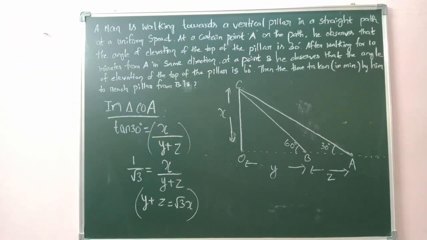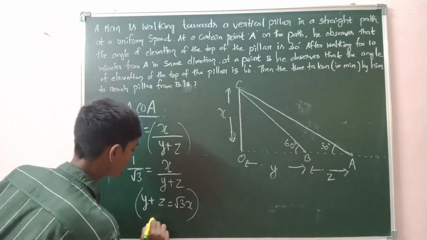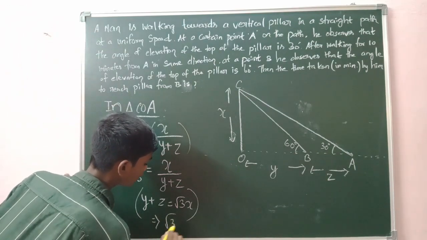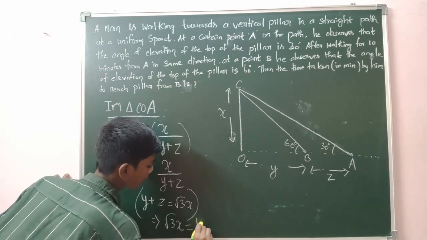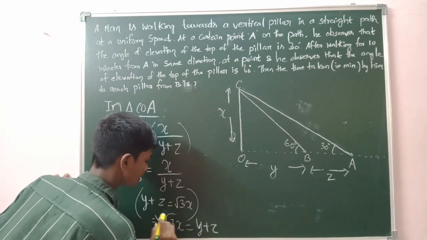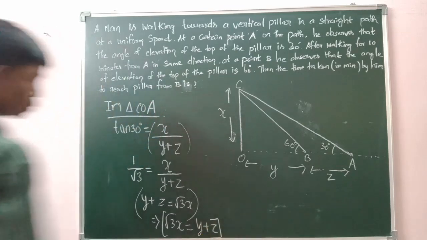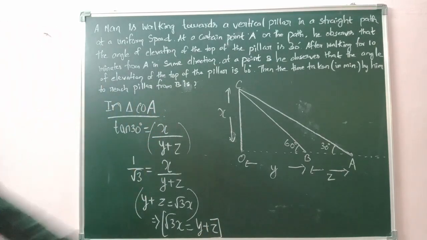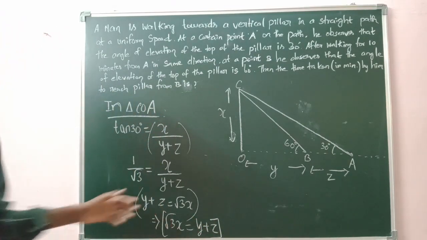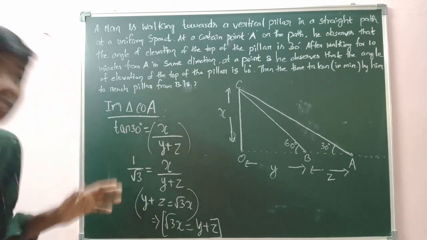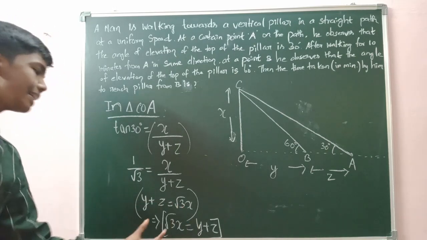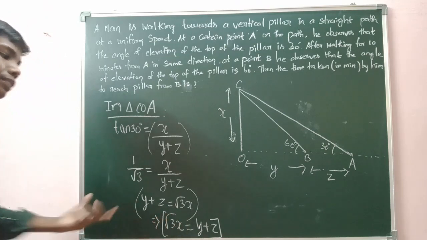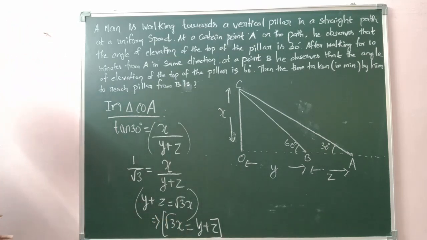From this I would say root 3 X is nothing but Y plus Z. This is the equation I got. Nothing great, I just reversed the LHS and RHS, not reversing any terms: Y plus Z is equal to root 3 X means root 3 X is equal to Y plus Z, like a converse statement.